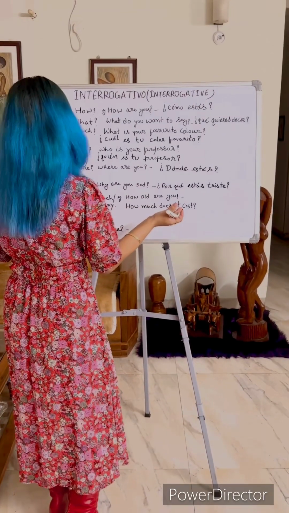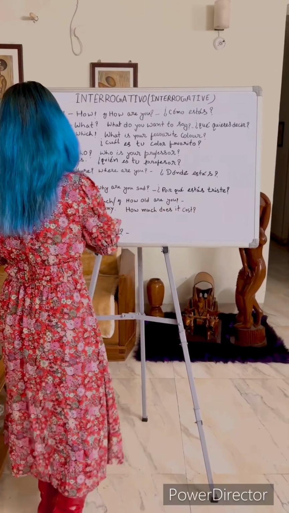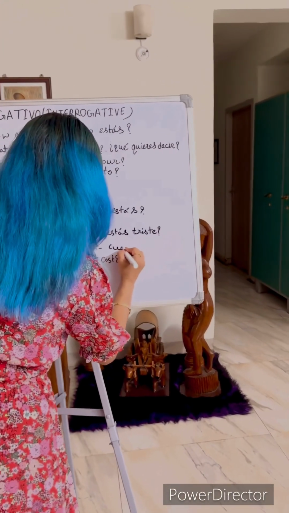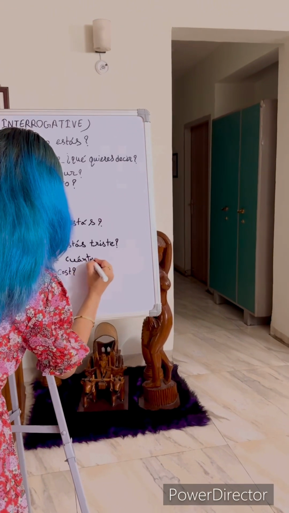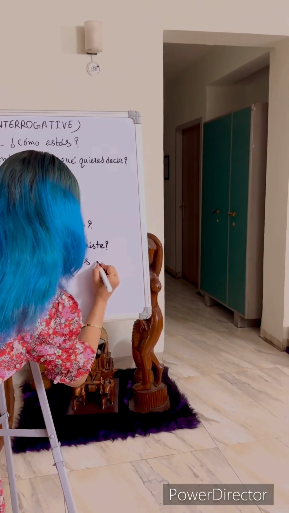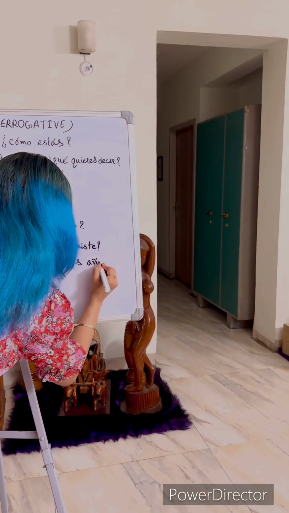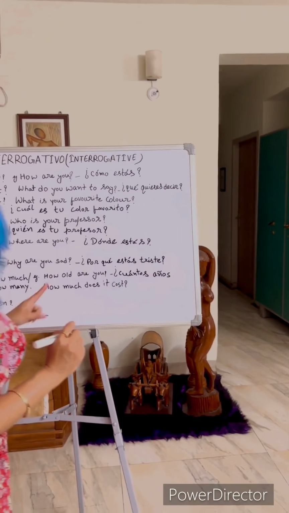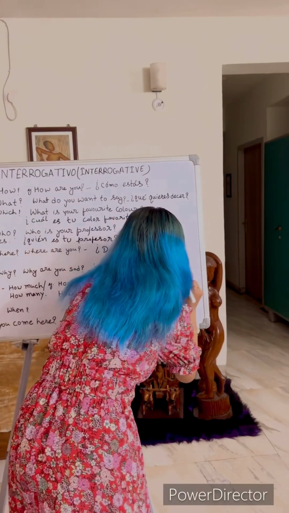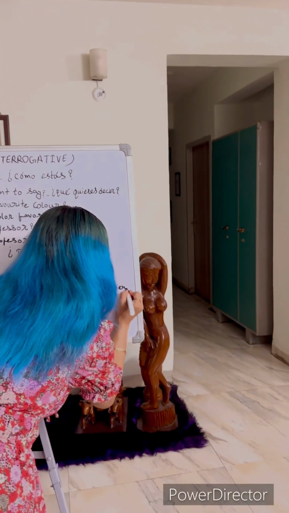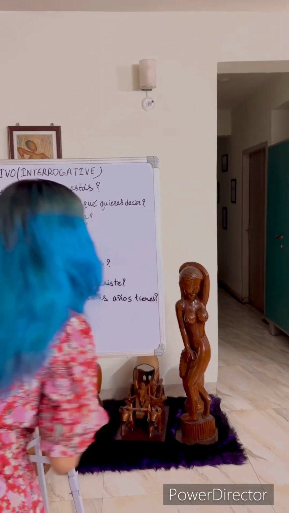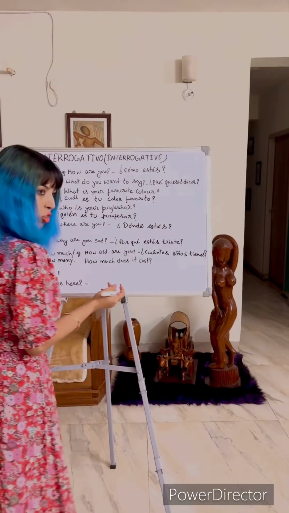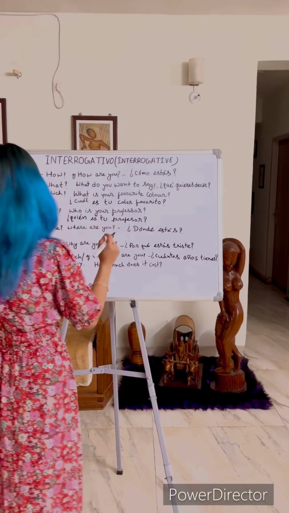And there are going to be more here, so cuántos, plural, masculine. ¿Cuántos años? And you form conjugation of the tener verb, tienes. ¿Cuántos años tienes? How old are you?